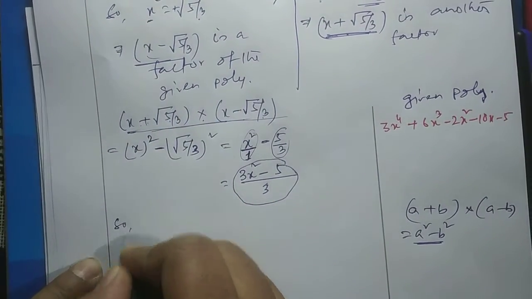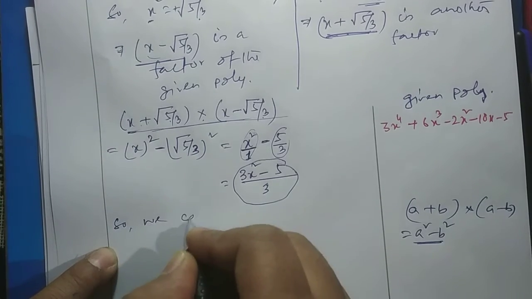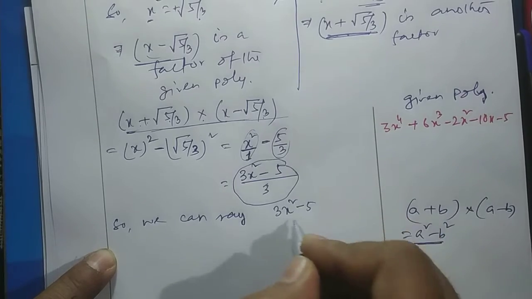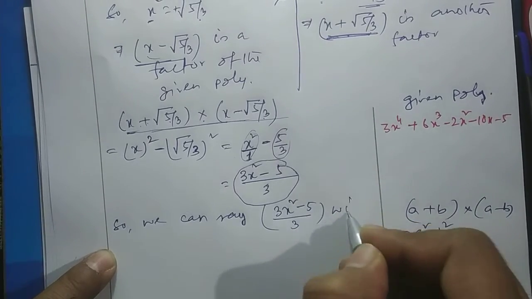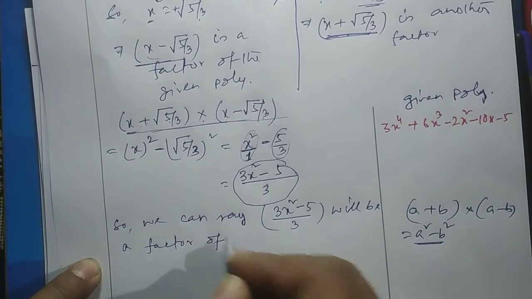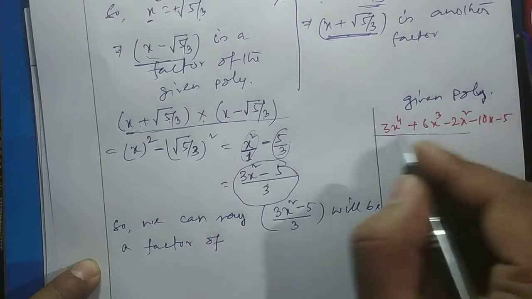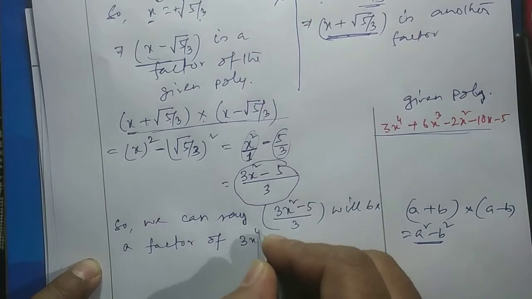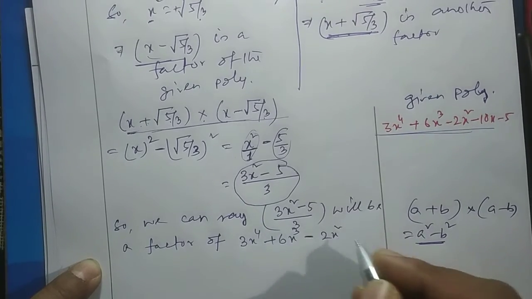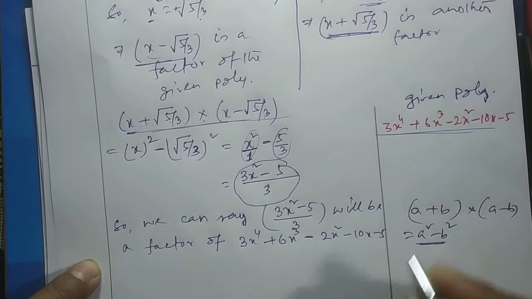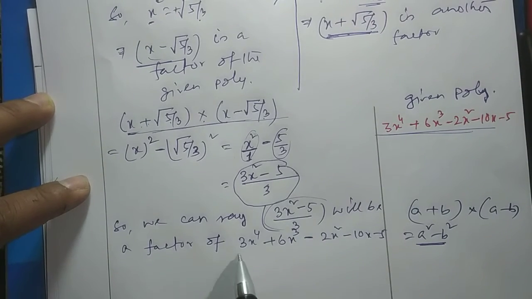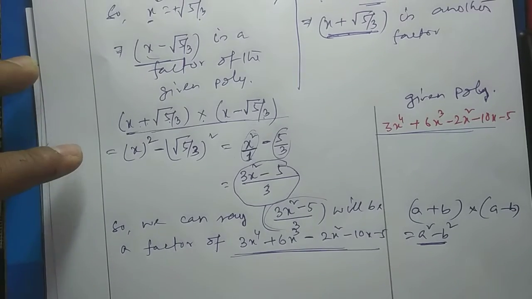So we can say the term 3x square minus 5 by 3 will be a factor of this big polynomial, 3x power 4 plus 6x cube minus 2x square minus 10x minus 5. So ultimately we can say this term will be a factor of the given big polynomial.